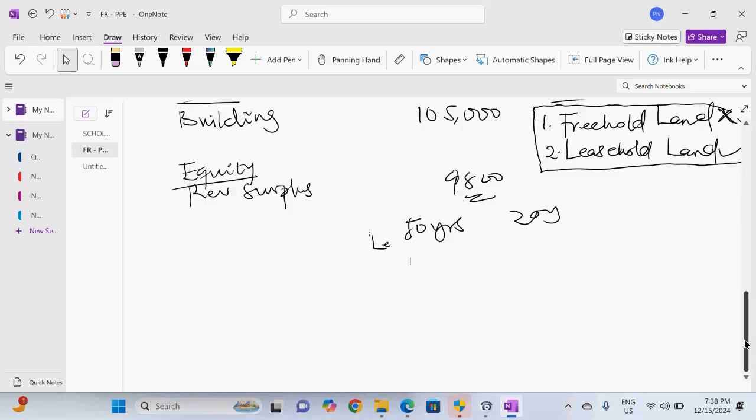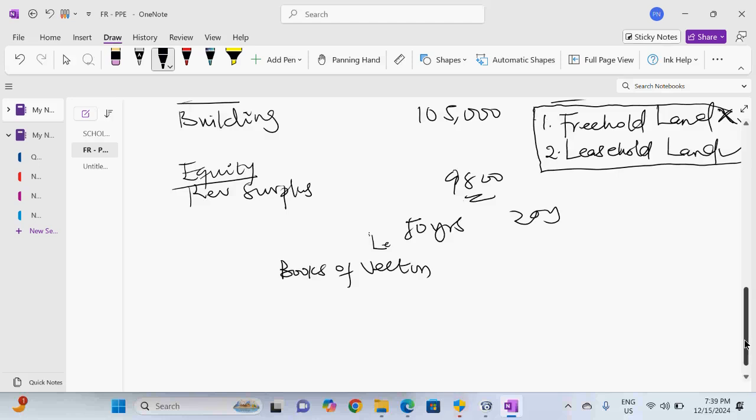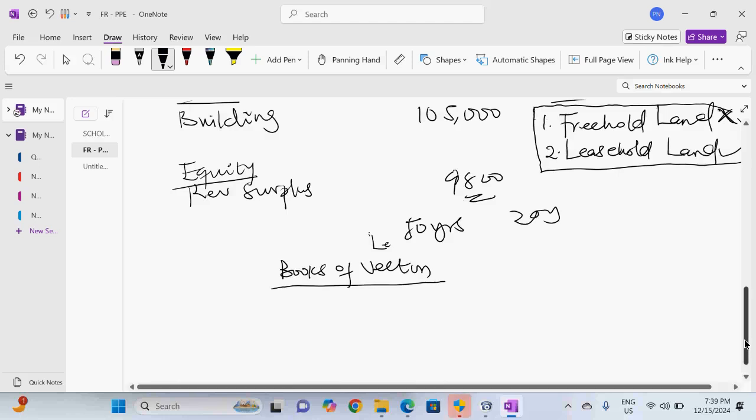So what's the answer? The books of Victim, right? So that is the first thing. And then they are asking for depreciation. So we do our workings.